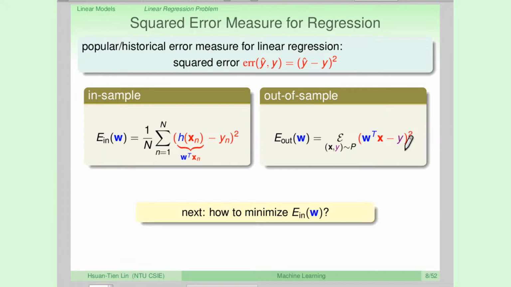Now, if you believe the VC philosophy that I talked about, then after forming this problem, we have the in-sample error. We want our out-of-sample error to be low. What's the next step? The next step is to minimize E in.